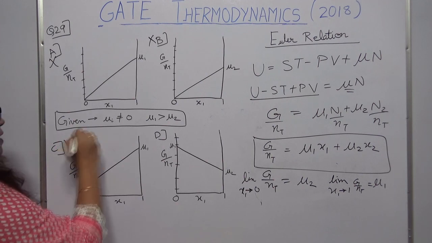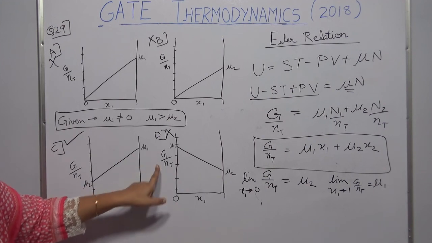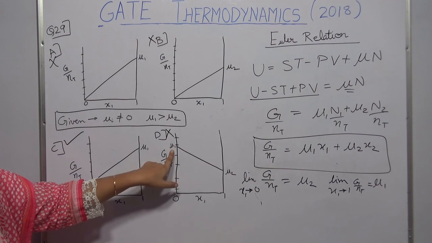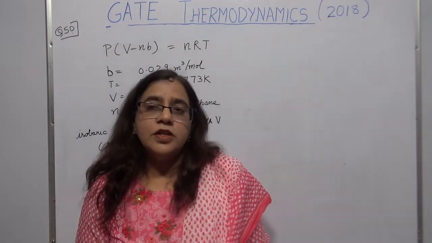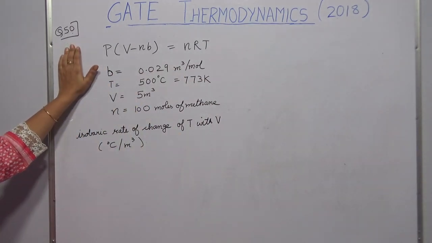So this is the right answer. This other one can't be right, that in the limiting case when x1 tends to 0, G by NT is equal to mu2. So this is wrong.